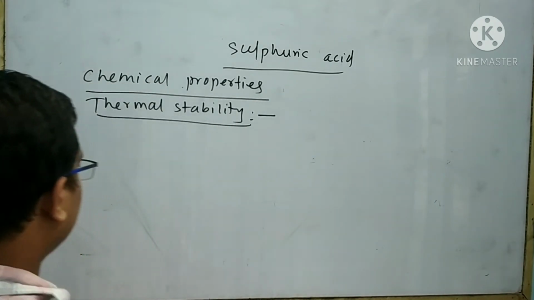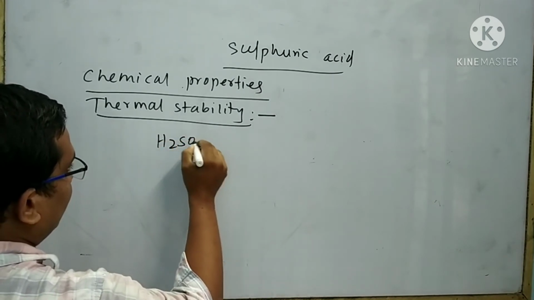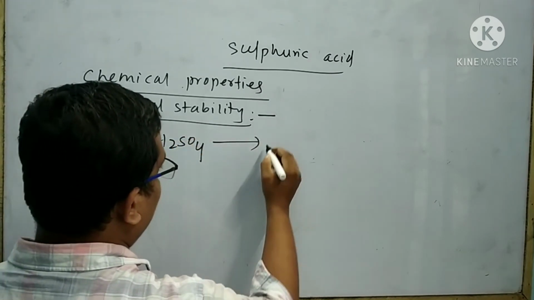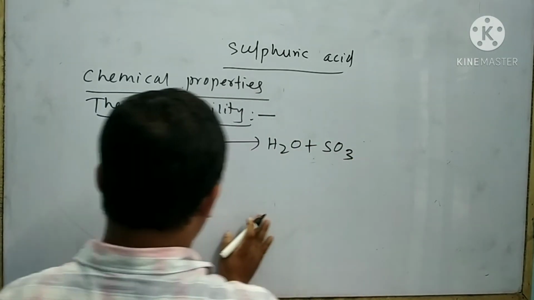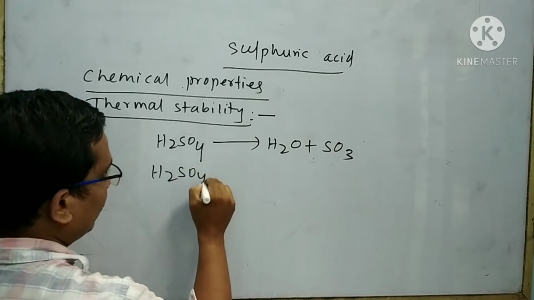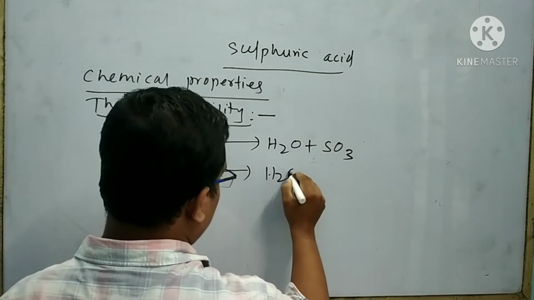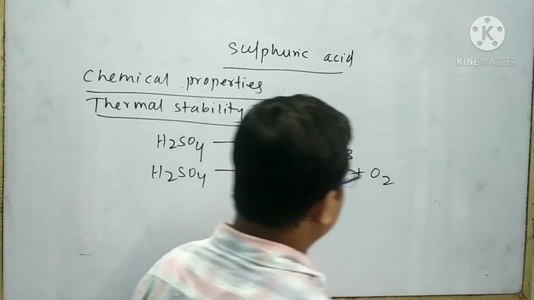So I can write the reaction like this: H2SO4 gives H2O plus SO3. Another reaction is H2SO4 gives H2O plus SO2 plus O2.